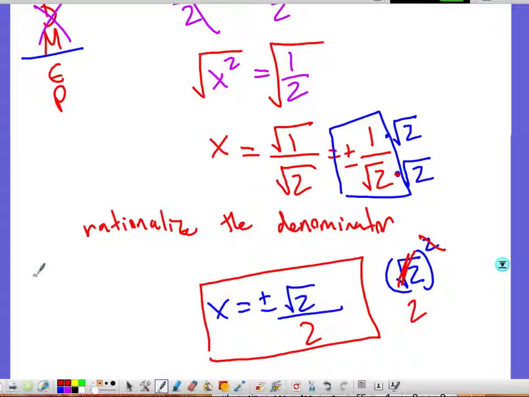So for example, if I had 1 over the square root of 5, you multiply both top and bottom by that square root of 5. So it's whatever you have here is what you multiply. And so when you simplify this, you get square root of 5 over 5, because these square roots basically cancel each other out. And don't forget your plus or minus.